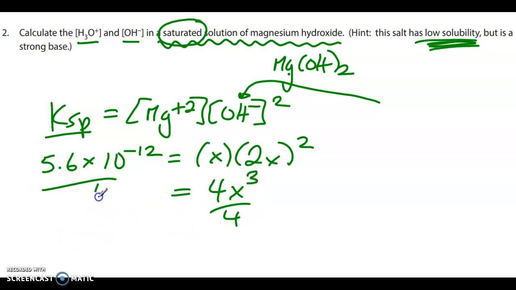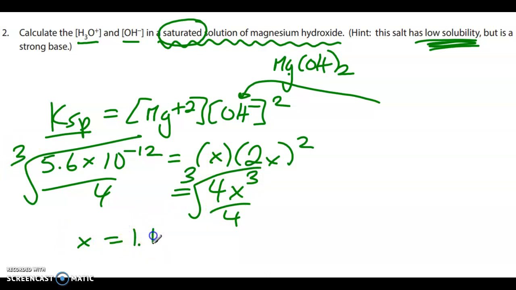So divide both sides by 4 and take the cube root. x ends up being, I know I'm going relatively quick on this, x ends up being 1.12 times 10 to the negative 4 moles per liter. Now keep in mind, we want the hydroxide concentration, which is really equal to 2x.